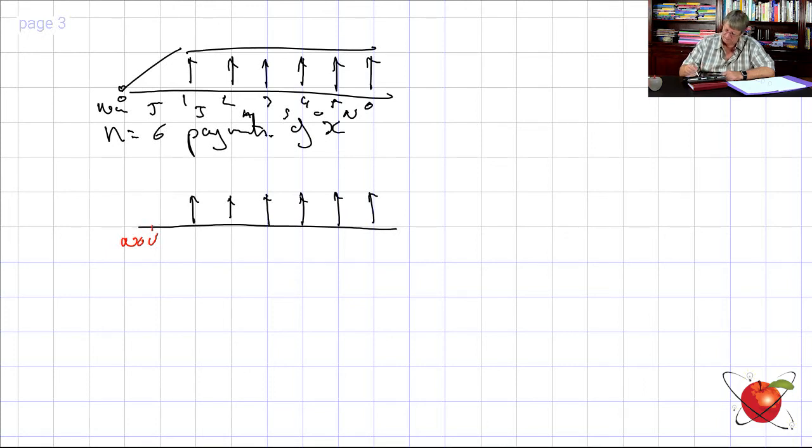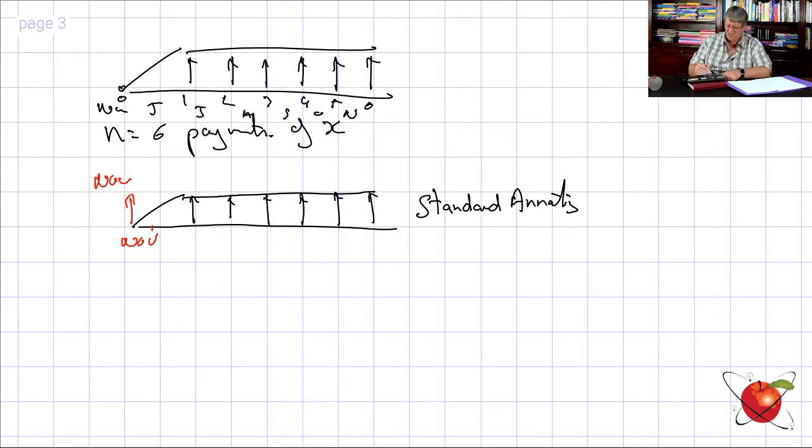Now you can see I have got my annuity there. This is my standard annuity, isn't it? And this payment now is a system that looks like this.